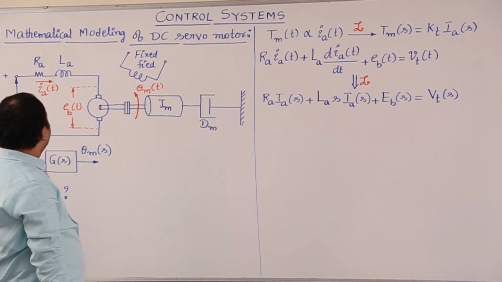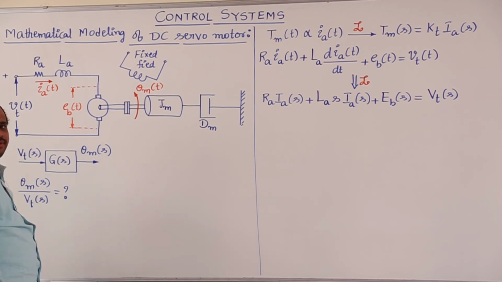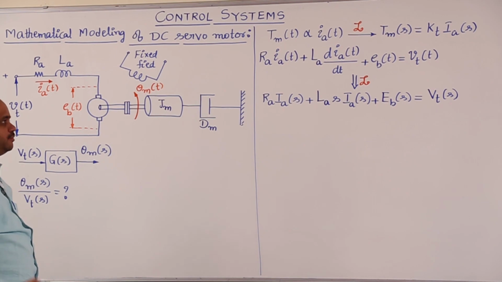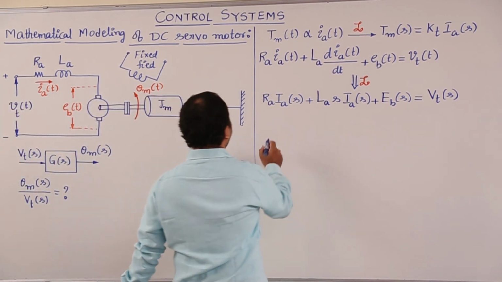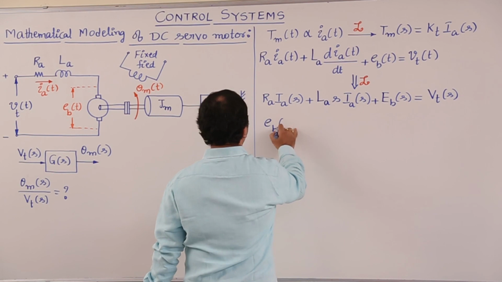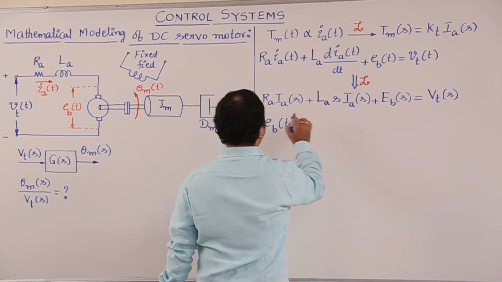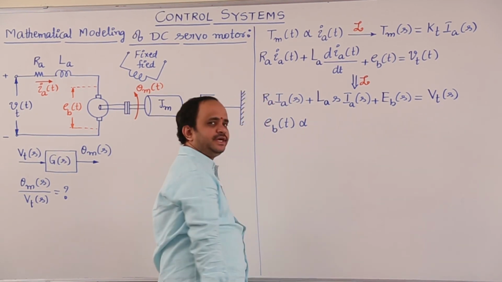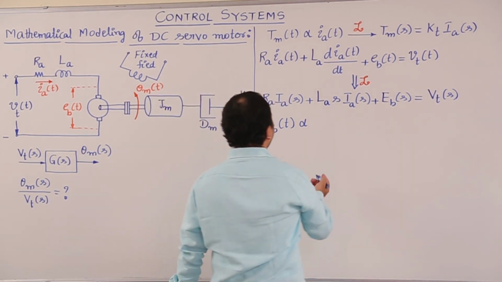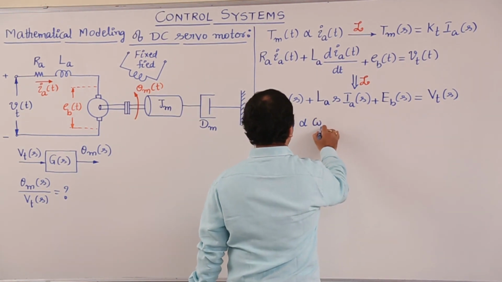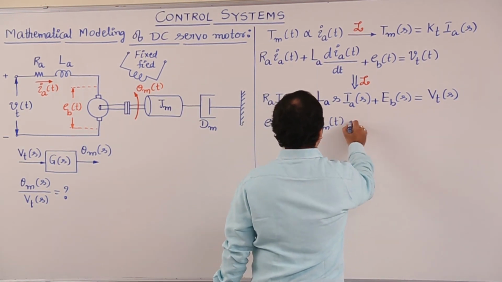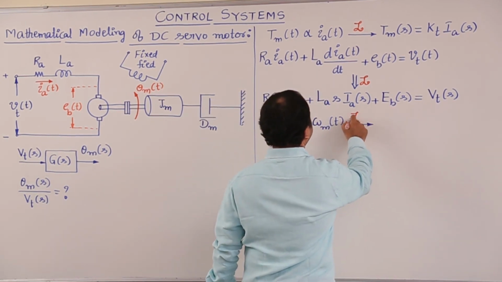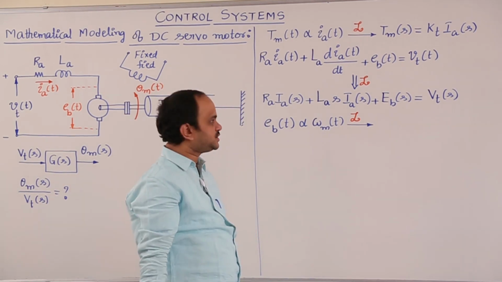Next, coming to back EMF. Back EMF is a function of the speed of the armature. Therefore, we can write back EMF Eb of t is proportional to speed. You can express it in terms of omega, or I would like to write omega m of t first. Now we can convert this into S domain using Laplace transform.